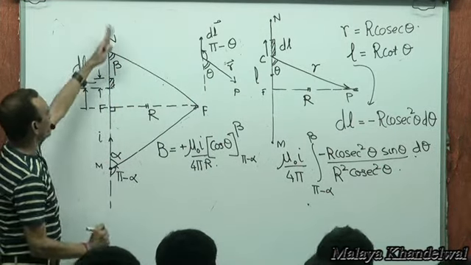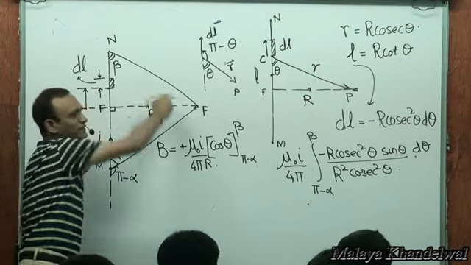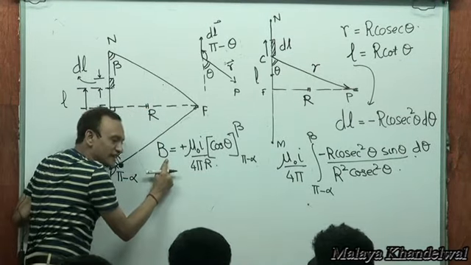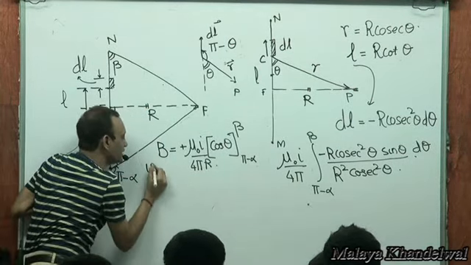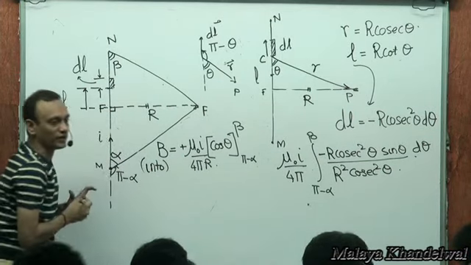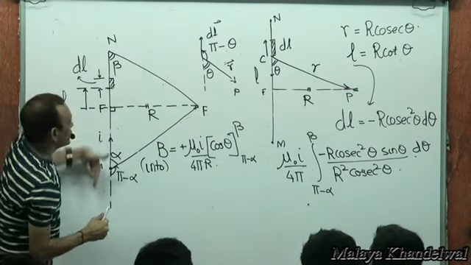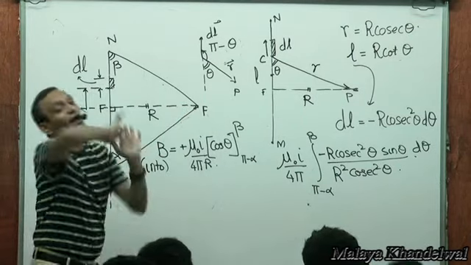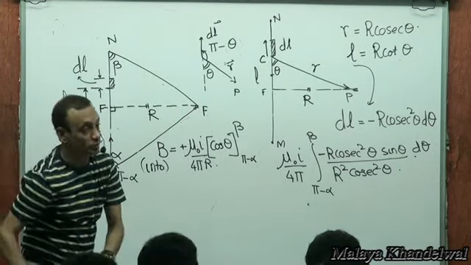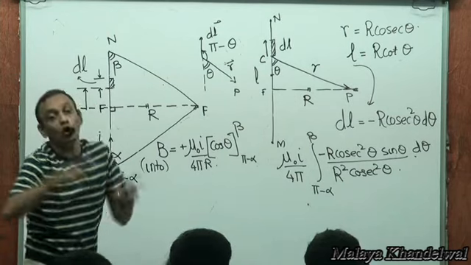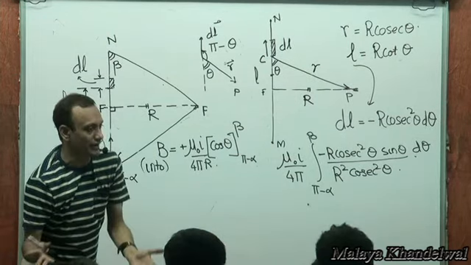If the current was going like this, all the dls will produce a magnetic field into the plane of the board. So this net B at P is going to be into the plane of the board. If the current were flowing like this, then the net B at the point P would be out of the plane of the board, because all the dls will change direction, so all the dl cross r's would change direction.